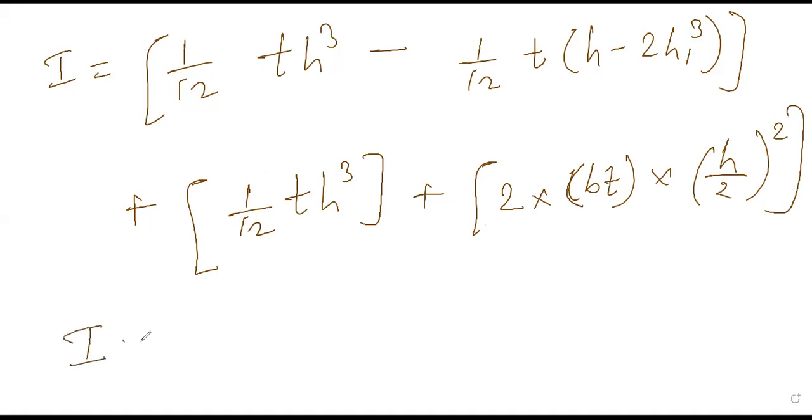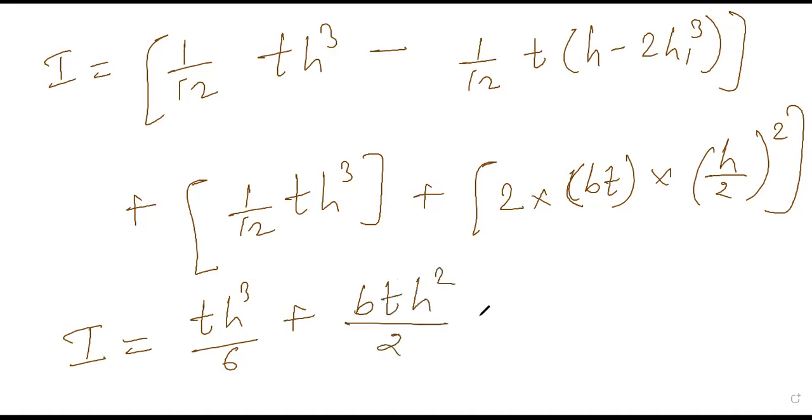So I is equal to T H cube by 6, sorry, plus B T H square by 2 minus T into (H minus 2H1) cube by 12.